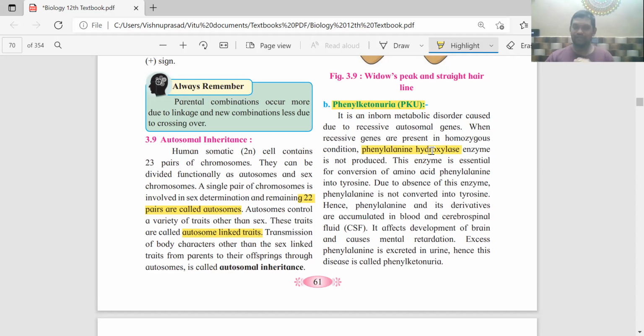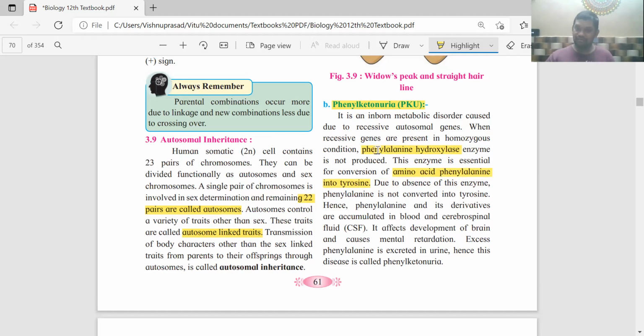And what does the enzyme do? The enzyme phenylalanine hydroxylase is necessary to convert the amino acid phenylalanine into another amino acid, tyrosine.